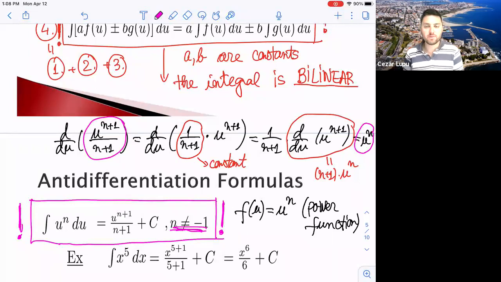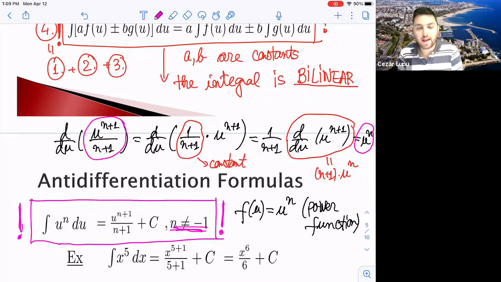Well, beautiful. It's in front of you. You have the formula. So the integral of x to the 5th is nothing else than just x to the 5th plus 1 over 5 plus 1 plus c. Which is nothing else than just x to the 6th over 6 plus the constant c.